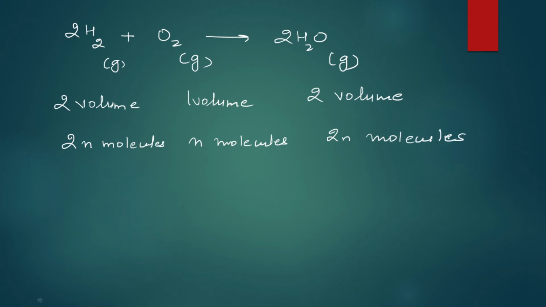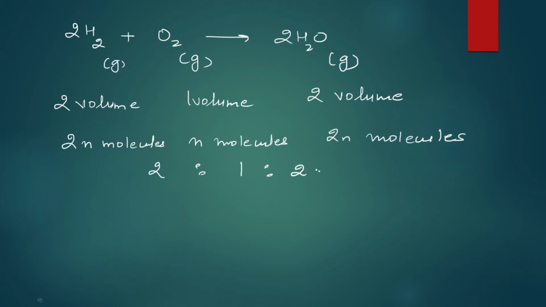So 2 molecules is to 1 molecule is to 2 molecules, and that is the same ratio with respect to volume. 2 volume is to 1 volume is to 2 volume. So the ratio of all of this is going to be 2 is to 1 is to 2, right?